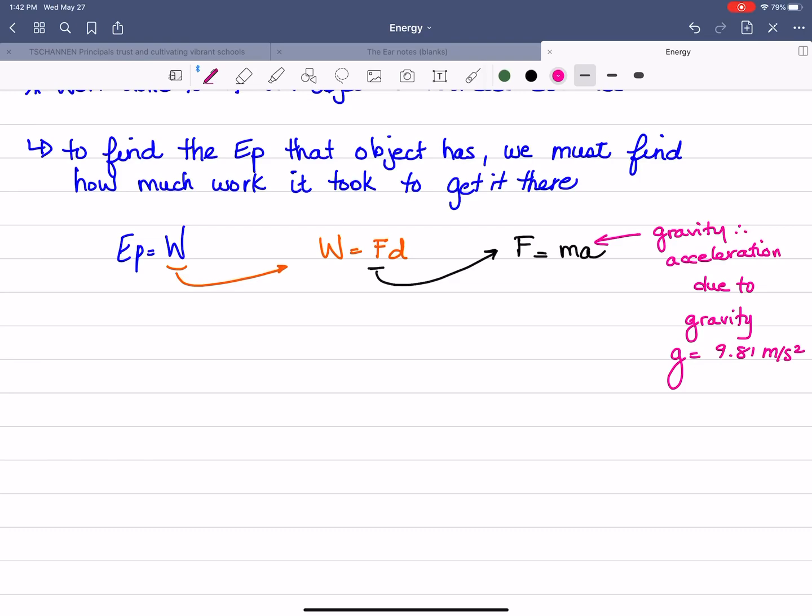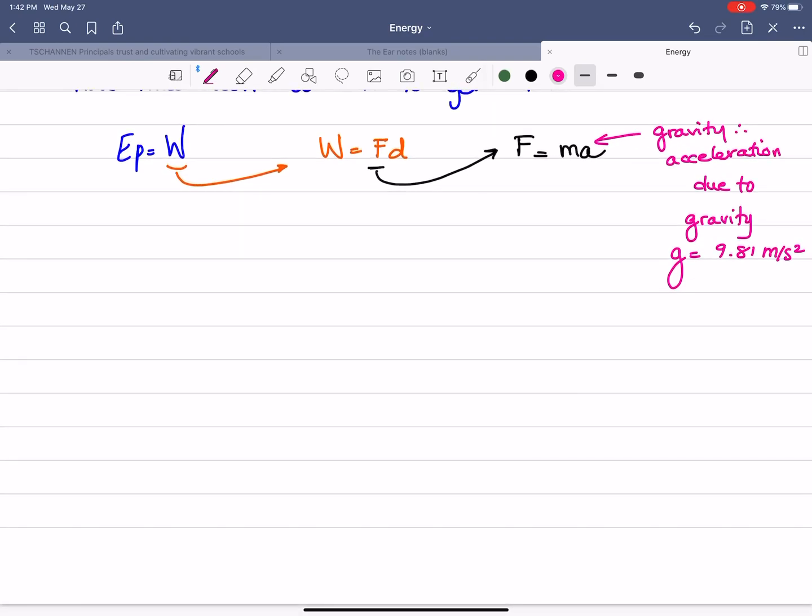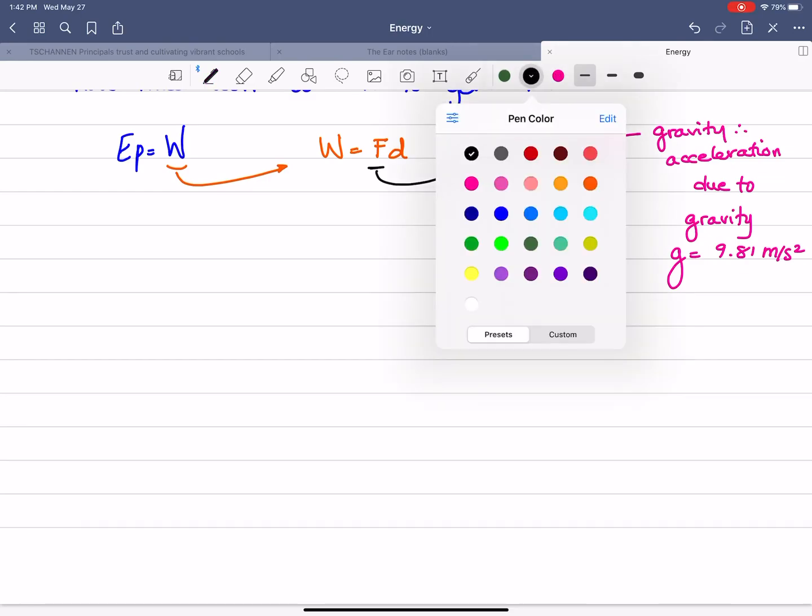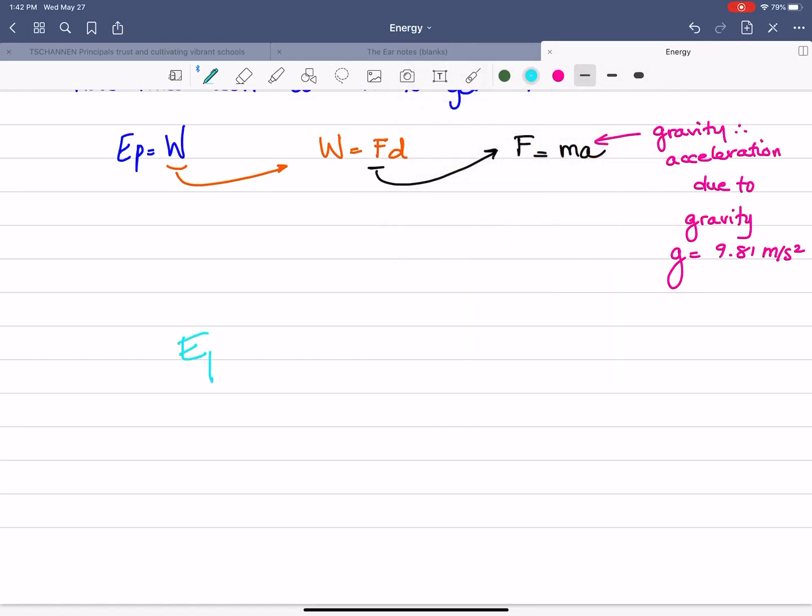All right. So if I were to combine all of these, I could say that EP is equal to, okay, force is mass times acceleration, so mg, and what am I left with? I'm left with d.